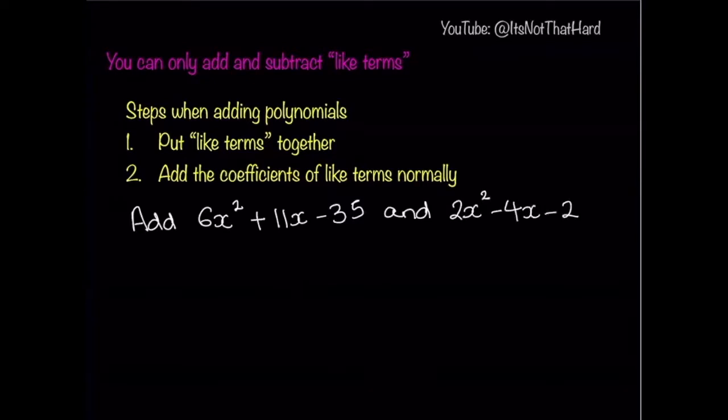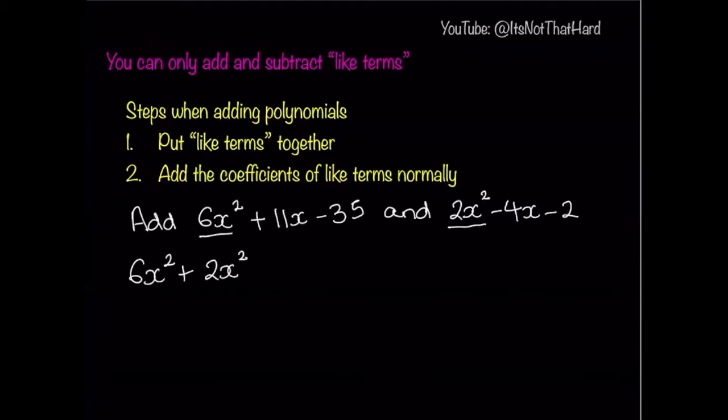If I tell you to add these two polynomials together, the first thing you're going to do is put the like terms together. So for example, you put 6x squared, this one, and you add it to this one because they share an x squared, which means that they are like terms. So 6x squared plus 2x squared.